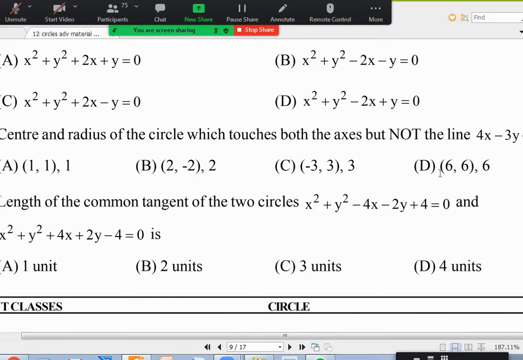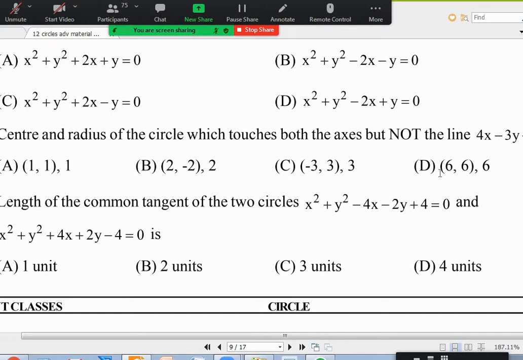We subtracted these two, we got this line. Any circle passing through these 2 points will be in the form of S plus lambda L equal to 0. Whatever lambda you take, it will always pass through these two. Then how to find lambda? This circle should touch so and so line. For a circle to touch a line, from the center, perpendicular distance equal to radius. So for this S plus lambda L, this is the center, this is the radius. From the center, the perpendicular distance equal to radius. Then solve it to get lambda, put that lambda back here, we'll get the answer.